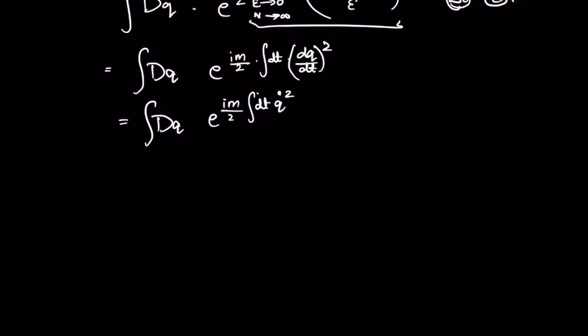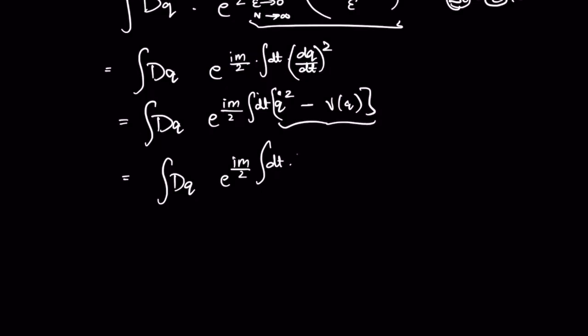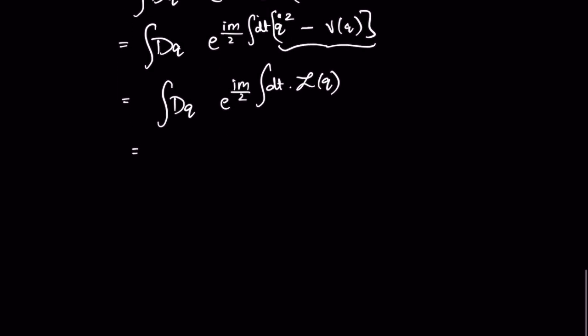And now this is starting to look a little familiar. It would have a potential there like that, and it would pretty much be identical to the Lagrangian. So i by 2 integral dt Lagrangian. That is the Lagrangian. So I have integral Dq e to the i m over 2 S of q.